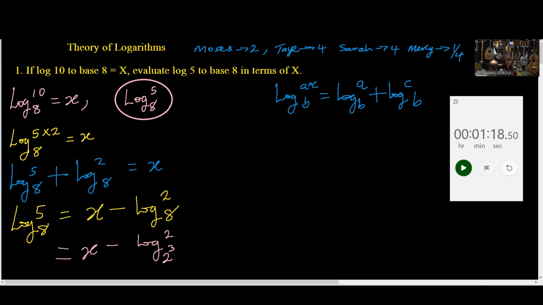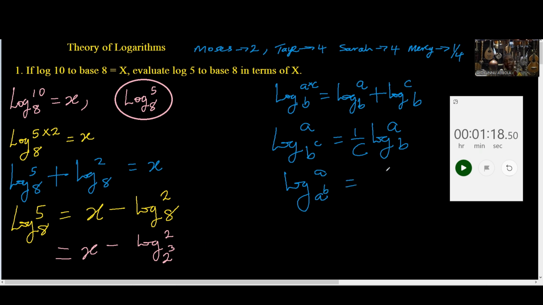And there is another theory that says that if you have log a base b raised to power c, you can rewrite it as 1 over c log a base b. In this case, our bases are the same. So we're having something like log a base a, but raised to power b.